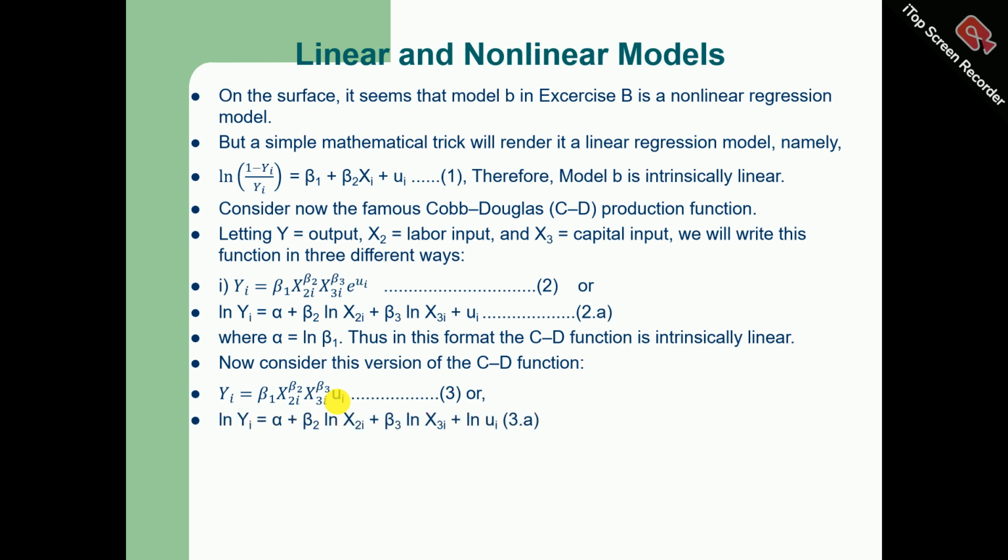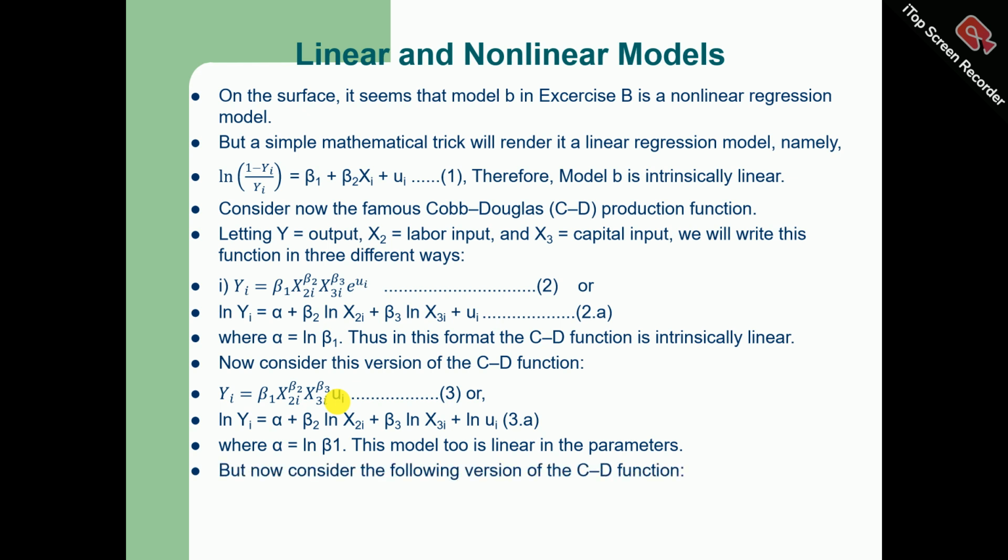So if you take the natural log on both sides, then we have natural log of yi, which is equal to alpha, where alpha is the natural log of beta 1, plus beta 2 natural log of x2i plus beta 3 natural log of x3i plus natural log of ui. This model is linear too in the parameters.